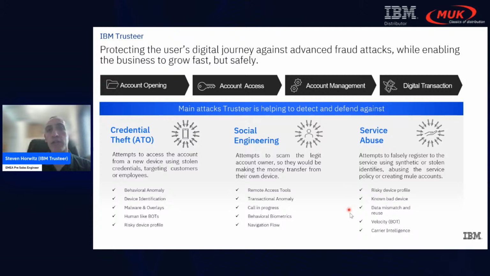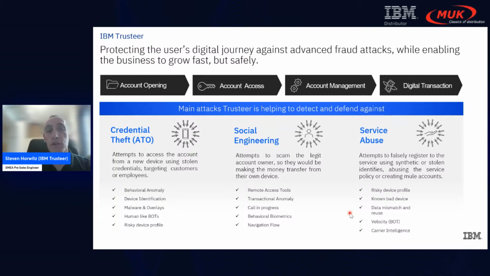In doing that, Trusteer will look at not only the device and the network, if there's a malware, if there's a remote access tool, etc. It will also look at the information that's been entered on the form, the name, the email address, the telephone number, etc. And it will run that past third-party vendors to validate that that registration information belongs to this individual. So if I, as Stephen, am registering for a service, but I'm using somebody else's email address or somebody else's telephone number, it would be an indication of a highly suspicious registration.